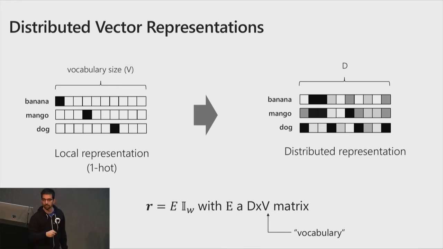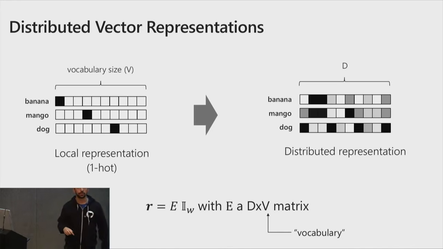What happens usually in deep learning, somehow different models do different things, is we learn a distributed vector representation. Distributed because the meaning is distributed across the components of this vector. So maybe banana and mango share this yellowness thing, whereas the dog is somewhat different.